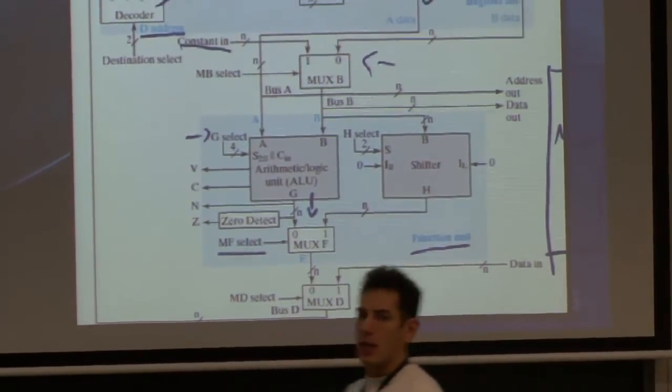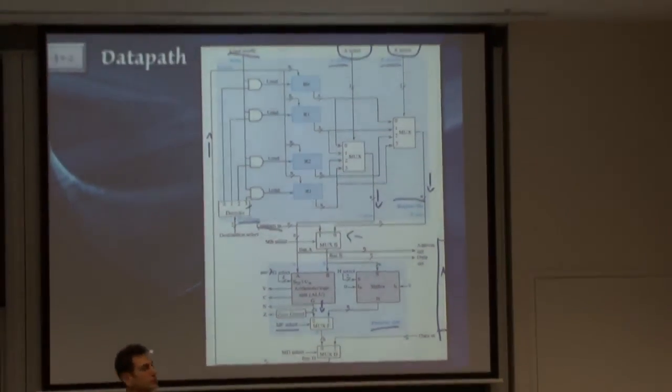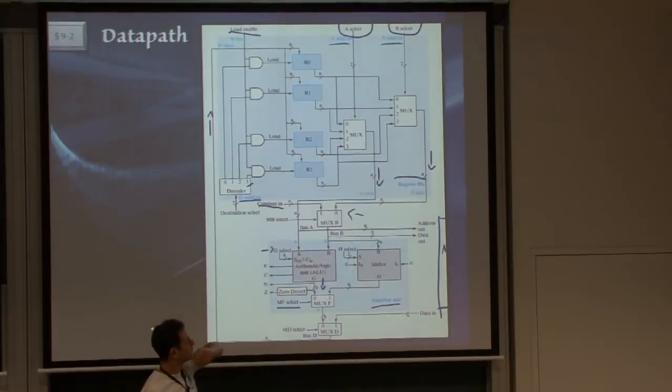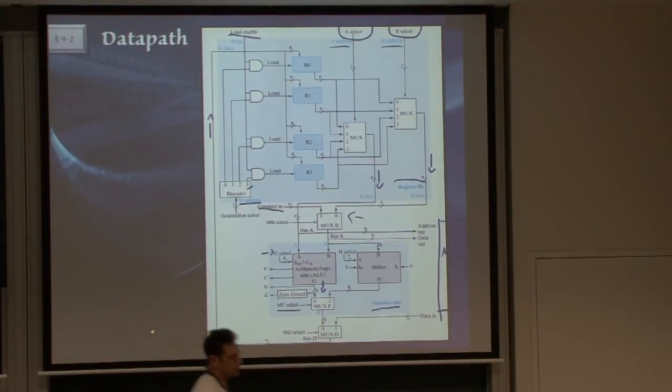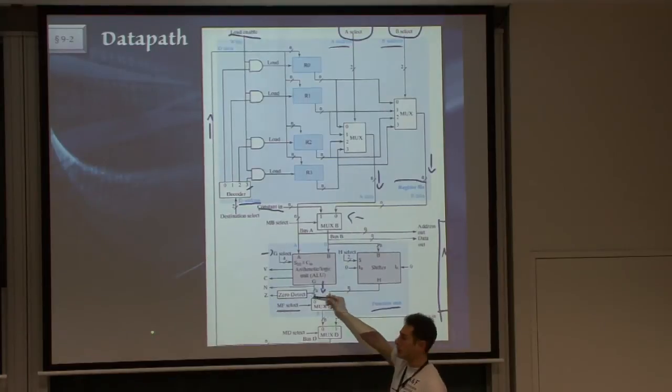Now, first of all, any questions? Yes? Questions on why the negative and zero flag is outside the ALU? The reason for this is because to determine whether a result is negative or zero, it's enough to look at the sum or at the result coming out.